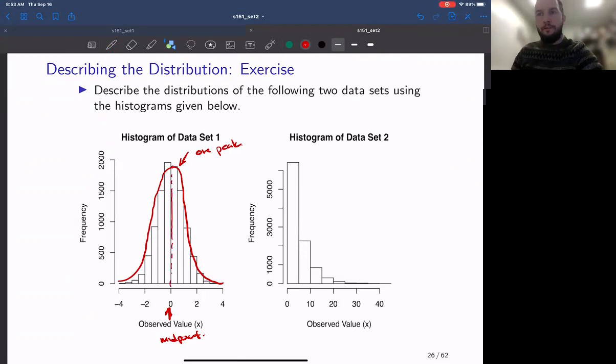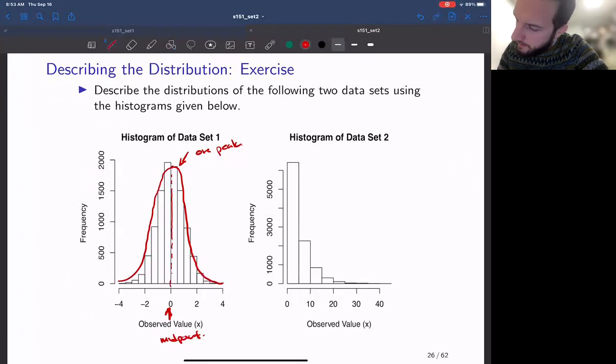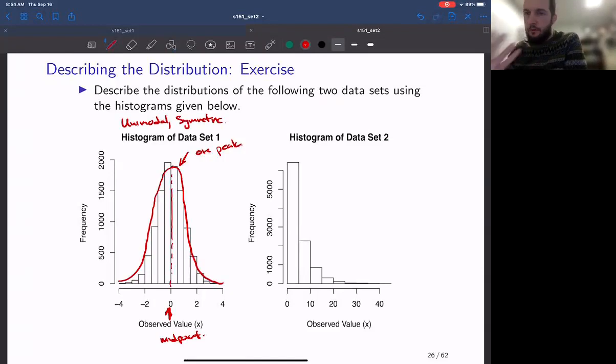So we have effectively the same amount of area on each side of the peak. So this would be a unimodal symmetric histogram, or a unimodal symmetric shape. Sorry, the distribution of the data set would be unimodal symmetric.